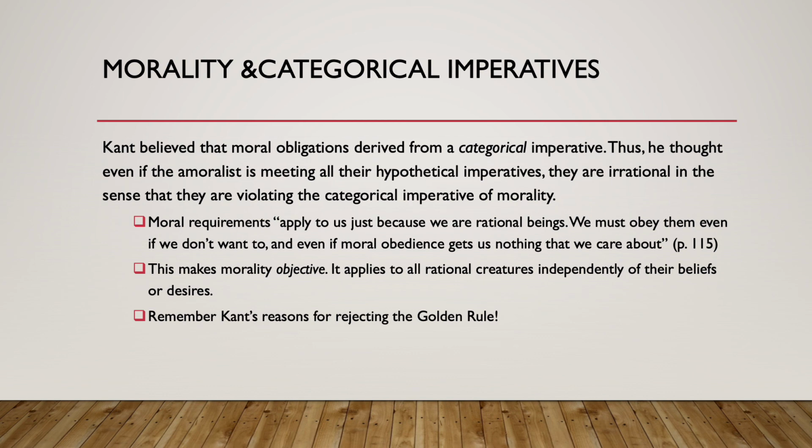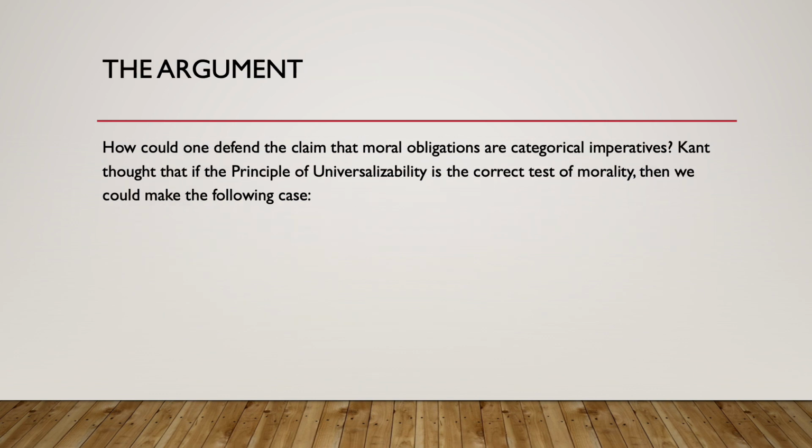You still have reason to do the right thing, regardless of what your desires are. But how could one defend the claim that moral obligations are these categorical imperatives? Well, Kant thought that if the principle of universalizability is correct as a test of morality, then he could make the following case. Let's call it the argument for the irrationality of immorality.